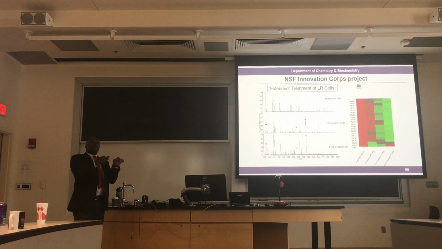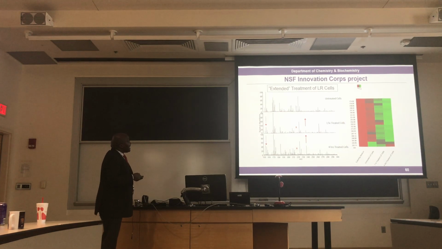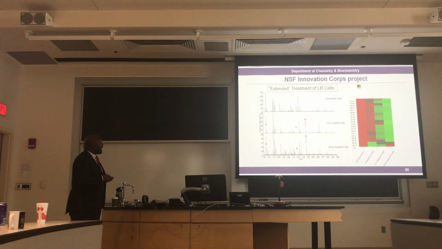So what we found is that these are cells exposed to the same toxicant for different amounts of time. So these are the untreated cells, these are 1 hour treated, and these are 4 hours treated. What you can see is that in the untreated cell, for example, this peak is there, but disappears in the 1 hour treatment and in the 4 hour treatment.